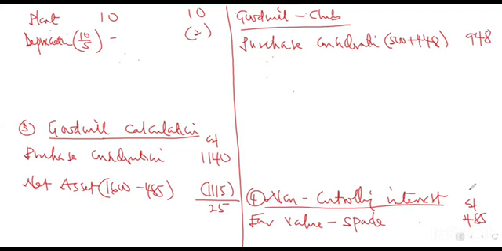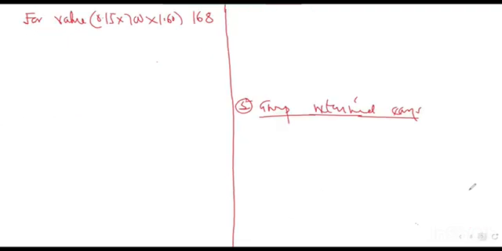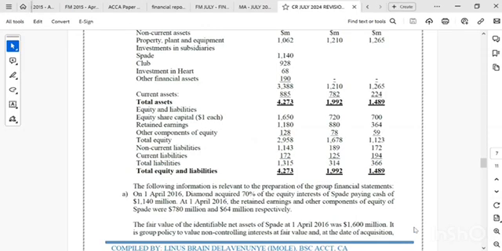The value of the original 40% has increased by what? $20. It has increased by 20. That will be taken to retained earnings. Let's get the parent's retained earnings there. That will be 1180.